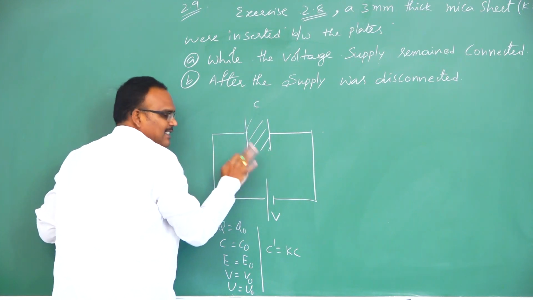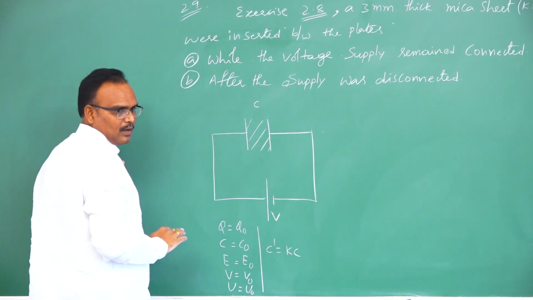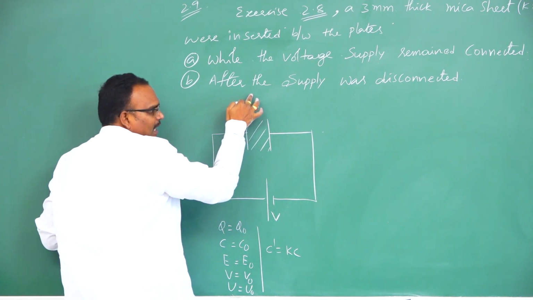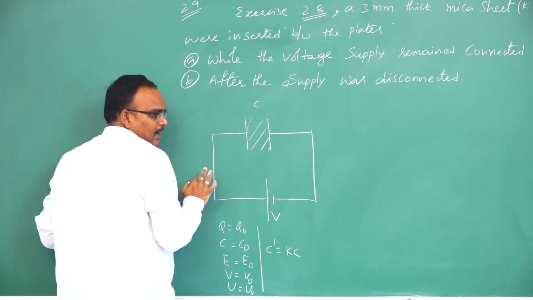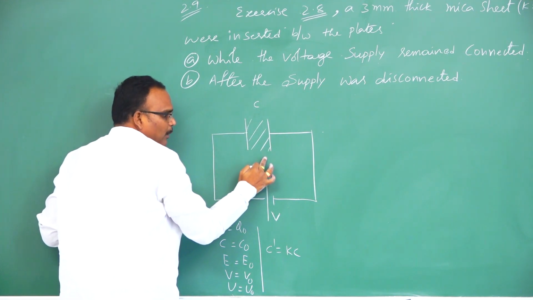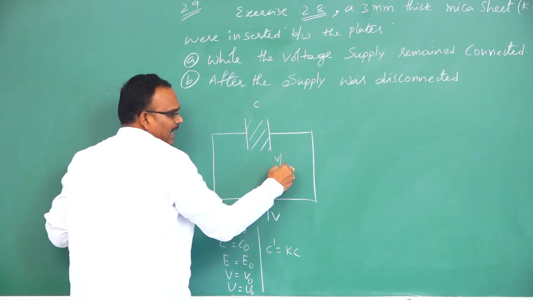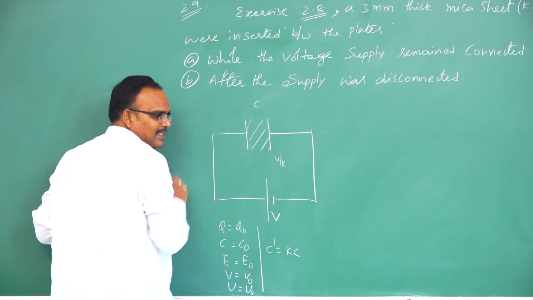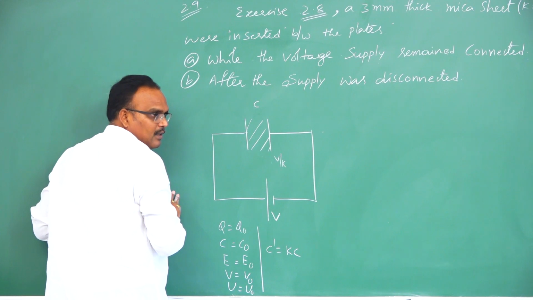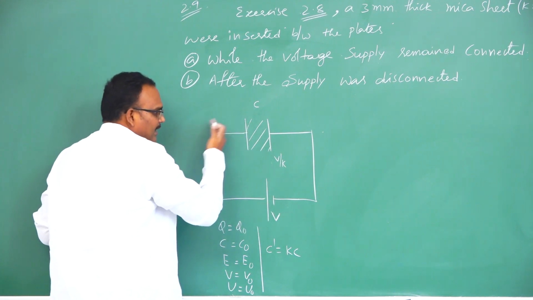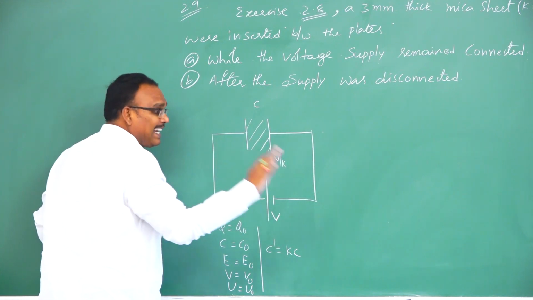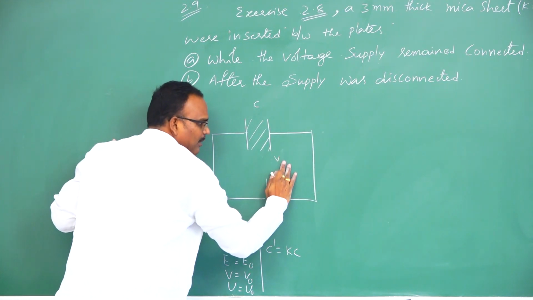So potential first decreases actually. Potential becomes V by K, electric field becomes E naught by K. But if the potential decreases to V by K, now there is a potential difference between the source and the capacitor. So further charge will flow from one plate to another plate until its potential becomes V again.